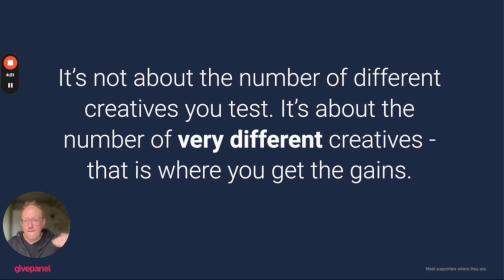The more very different creatives, the better, but it's all about the differences between your creative, not just the number you have. You want to come up with different creative ideas. An unboxing video is very different to a still image of someone running, for example. So you want a lot of different ideas thrown in there.